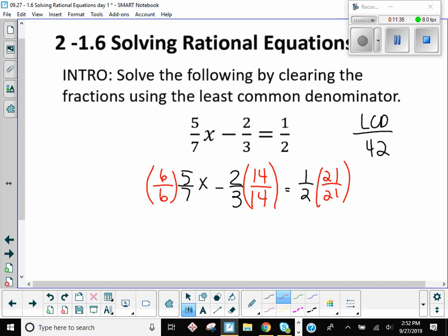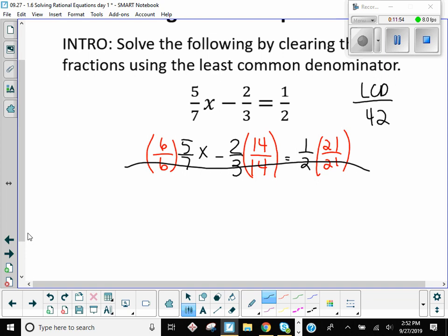Because this is an equation and it's balanced, and because all of my denominators are now equal, right? They are all 42. If the bottoms are equal, the tops are equal. So I can just drop off the bottoms, clear the denominators, and just do the math on the numerators.